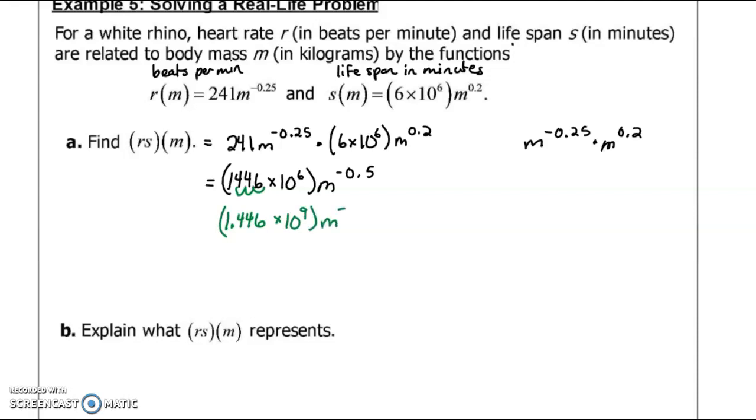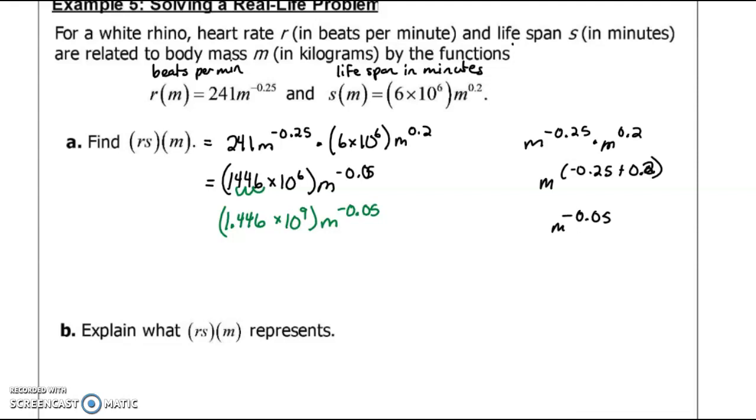And then I'm just going to leave that as m to the negative 0.5. And I totally just realized that should have been 0.05. Sorry about that. And remember, where I got that from is I did negative 0.25 plus 0.2. And that's where I should have gotten, totally my bad on that, negative 0.05.